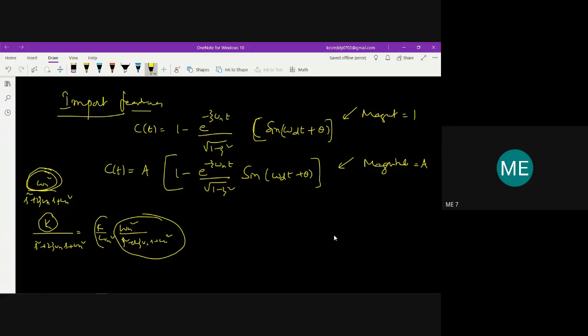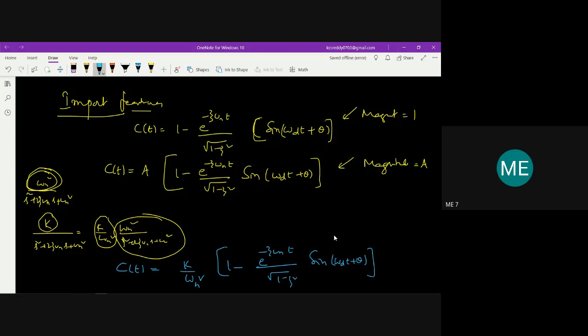So here the multiplier is k by omega n square. So C of t, in this case, will become k by omega n square into 1 minus e power minus zeta omega n t divided by root of 1 minus zeta square into sine of omega d t plus theta.